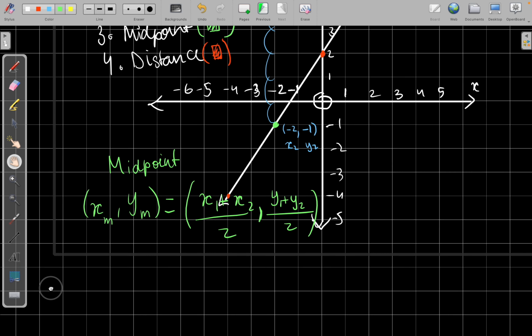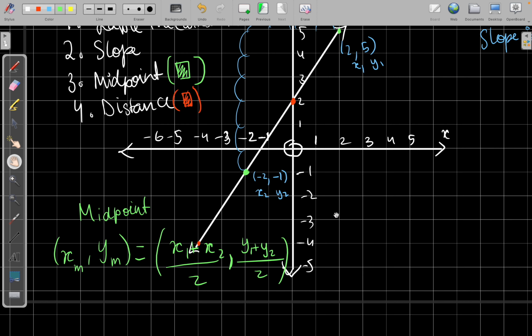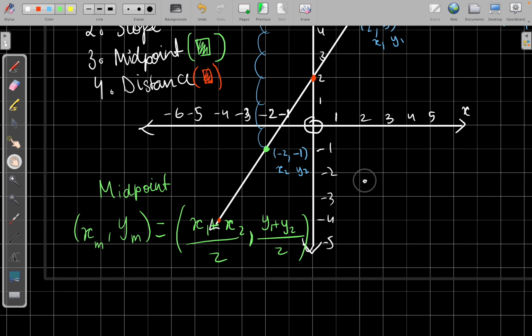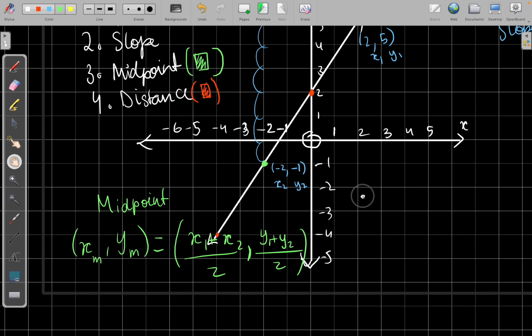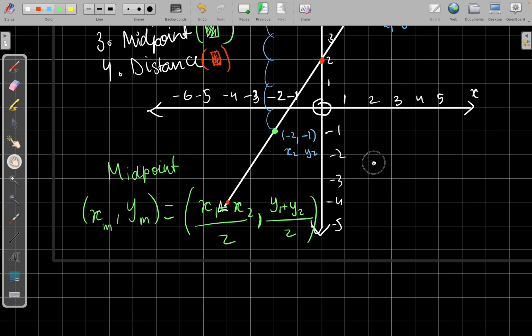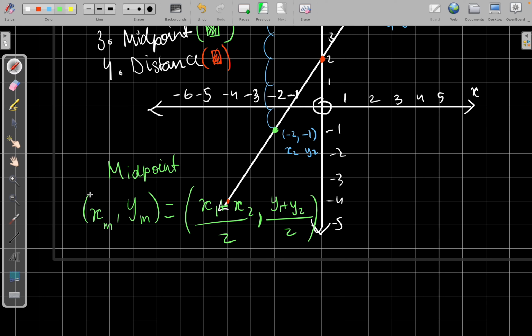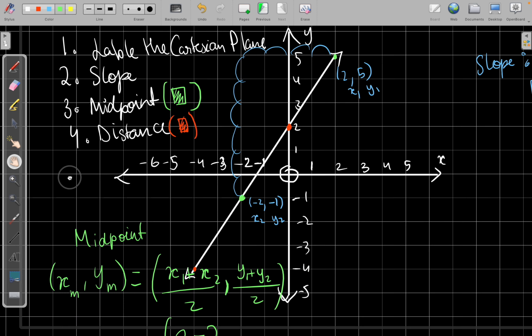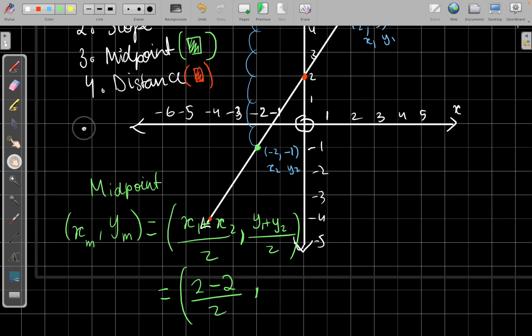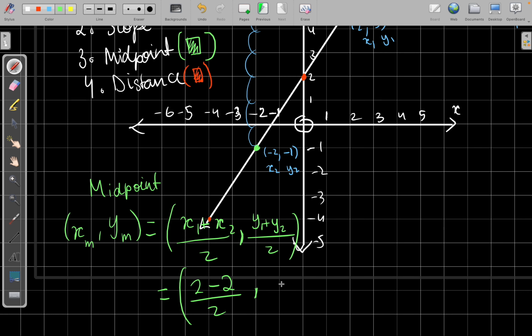And now if we just sub in the values, it's 2 comma 5, so 2 plus -2, so it's going to be 2 minus 2 by 2, comma, 5 minus 1 by 2.